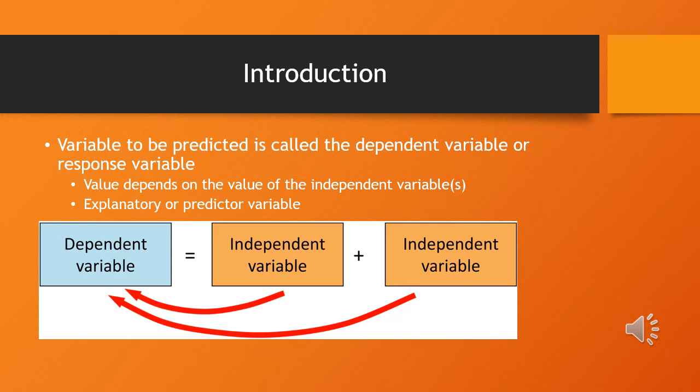In simple linear regression models, we have only two variables, whereas in multiple regression models we have more than one independent variable.